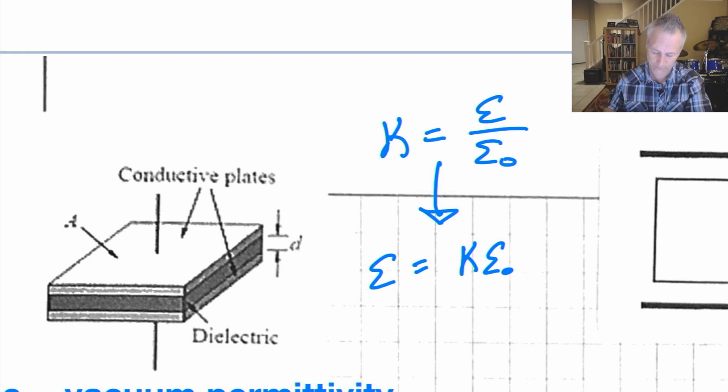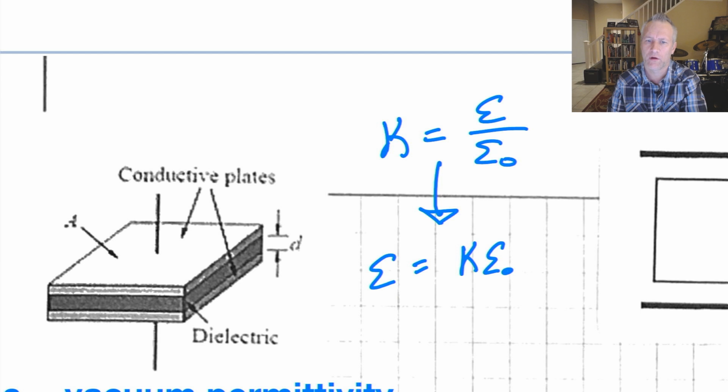And we could rearrange that to get epsilon equals kappa epsilon naught. Now, this hasn't been on the equation sheet previously, I don't believe. And because it's new this year, I can't say how important this will be on the Physics C test, but I can't imagine that it's going to be very prominent.